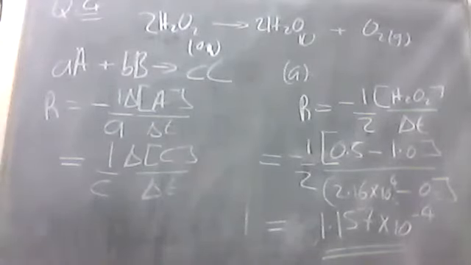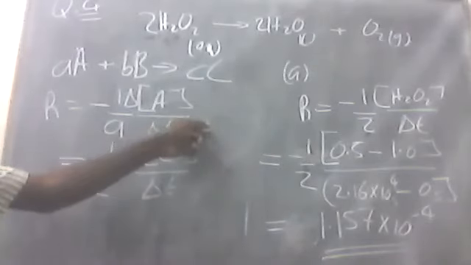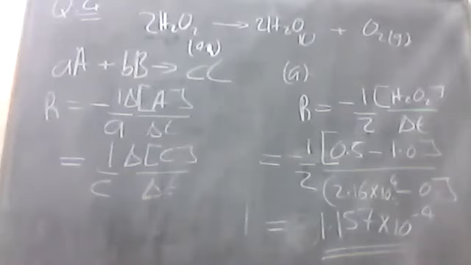Why is it 1/2 instead of just 2? What your friend is saying is the coefficient. Are you seeing the general expression for the rate of reaction? So we are dividing by the coefficient, the change in concentration that we have. Okay, I get it now.